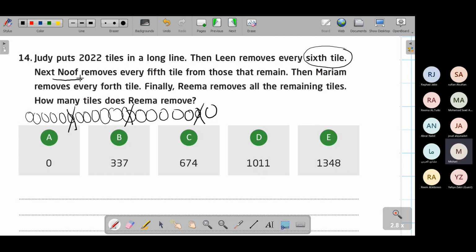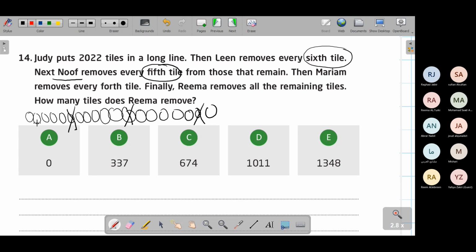I don't want the answer now. Next, Noof removes every 5th tile.